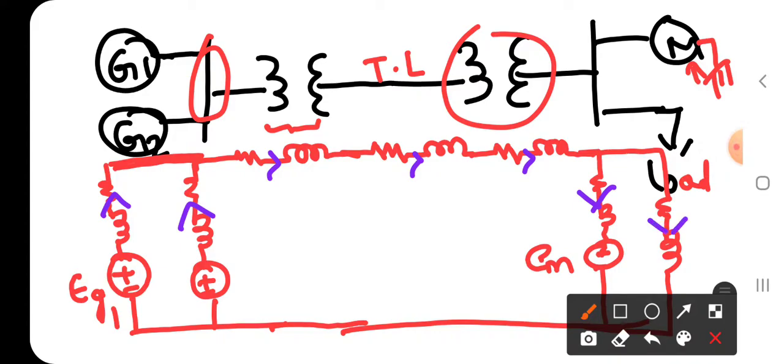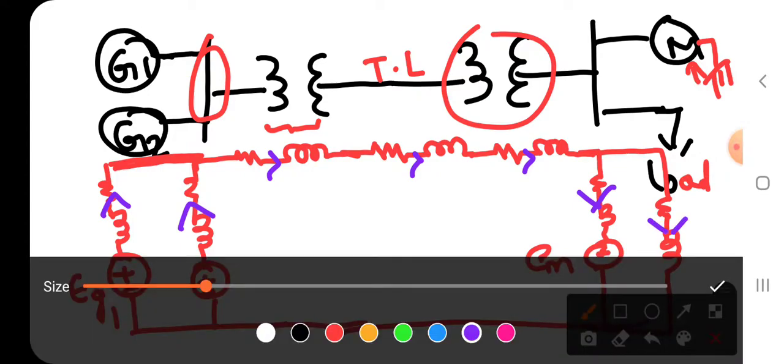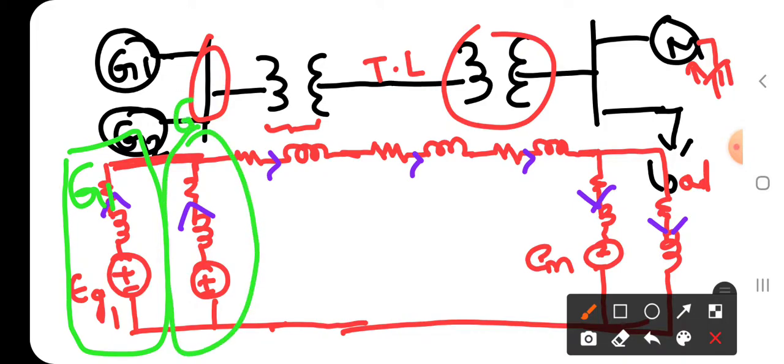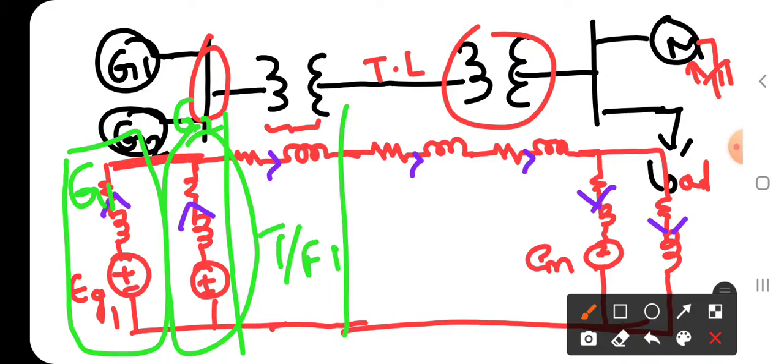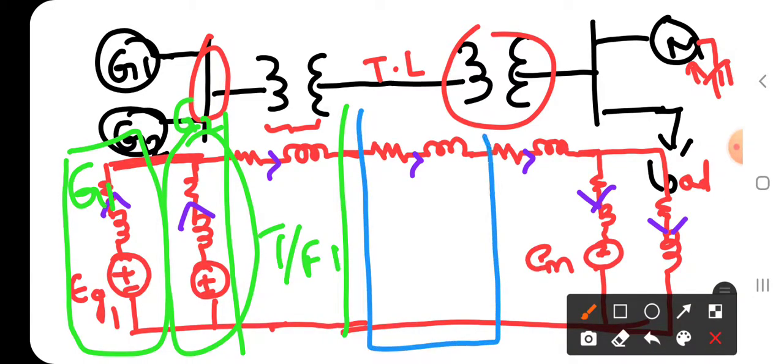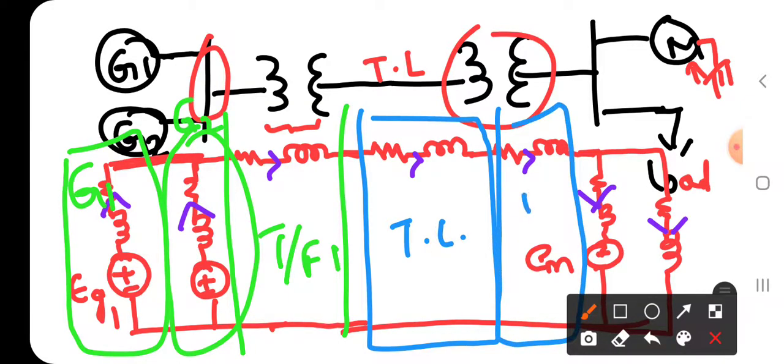Now, how are the various components interconnected here? First, this one is generator 1, this is generator 2, and this is transformer 1. This is the transmission line, here it is transformer 2 again, this is the motor, and this will be the load.